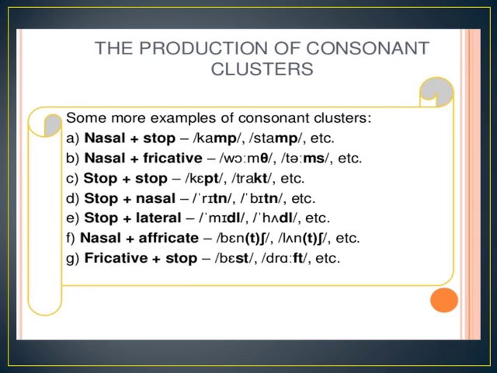Let's look at the last example, fricative plus stop. You know that S is fricative and T is a stop or plosive. So in this example best, there is a consonant cluster having two consonant sounds. So you can always look at the examples and make the concept clear.